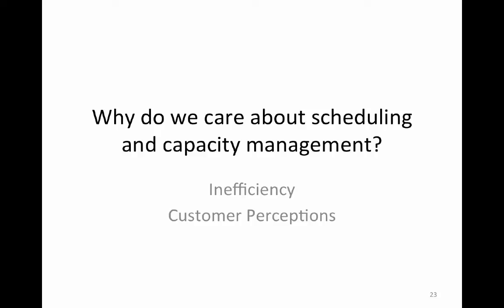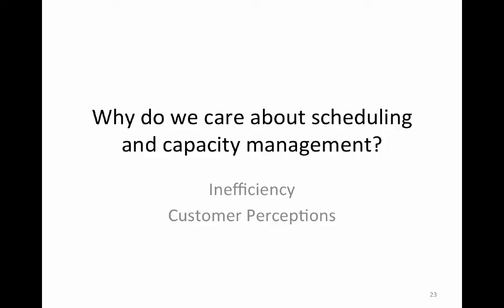So capacity management. Now we're going to shift away from the supply chain, again a very important part of operations, and move into capacity or queuing, the waiting component. So why do we care? Well, we care for a couple of reasons. Inefficiency: are we utilizing our assets properly?